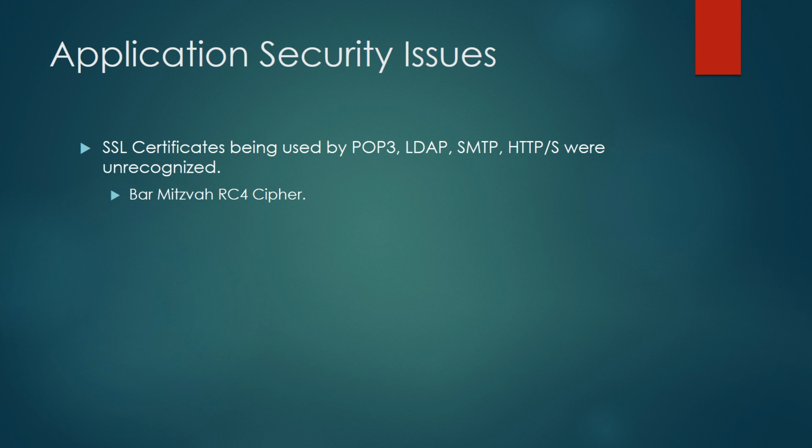For the application security issues, she has quite a few, and one thing I noticed is that we had very similar issues, where most of our issues were mostly digital certificates.